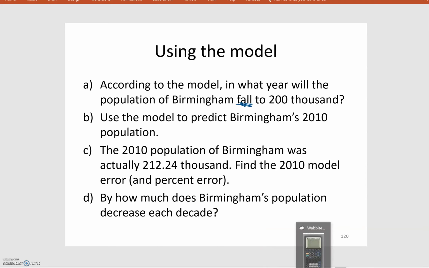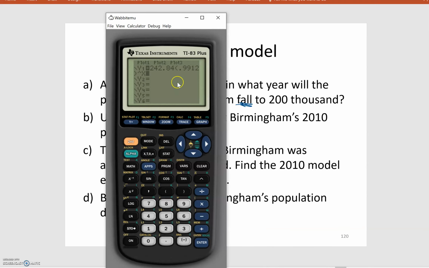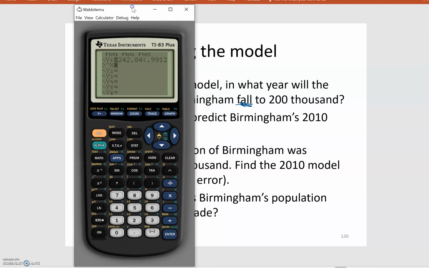So again, this is an elapsed time model, as all of our exponential models are. I went ahead and entered this function in the calculator, and we want to know when we get down to 200. So I'm going to go to the table.